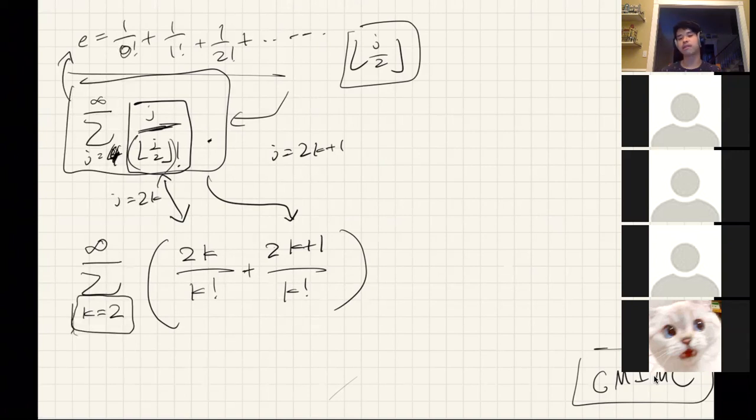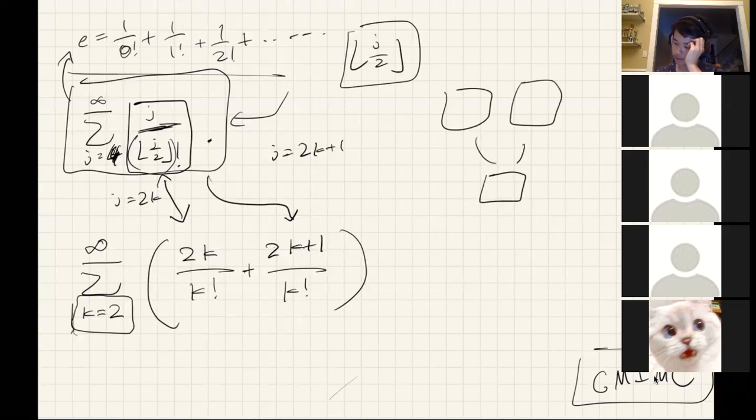So essentially, you can think of it as squishing our sum down by half. Actually, you might think of this as the reverse of splitting the summand, right? We're essentially grouping every 2 terms into 1 term.